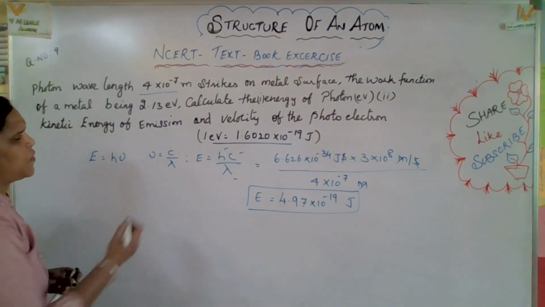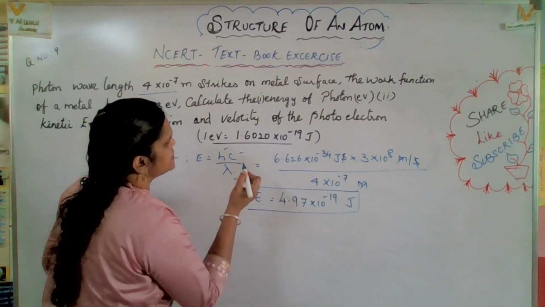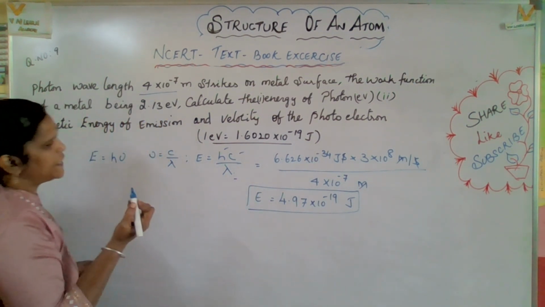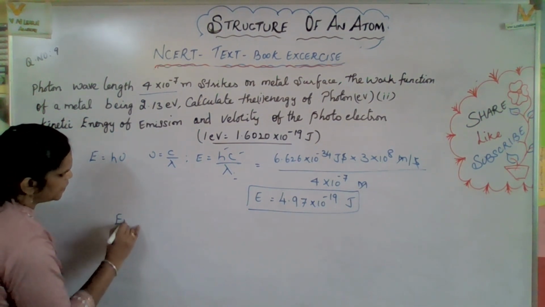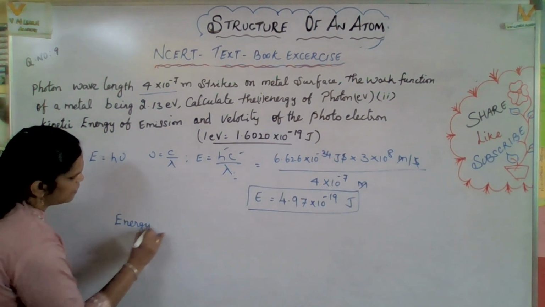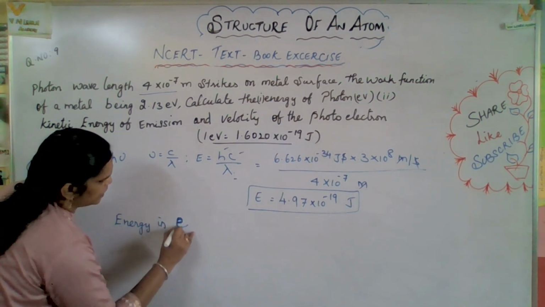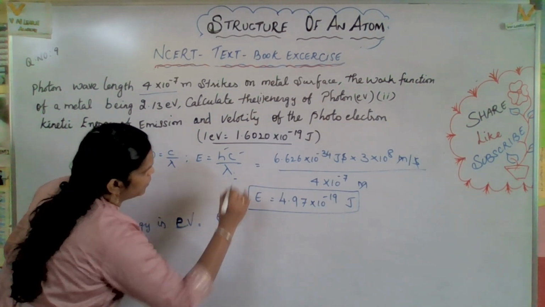Now, 1 electron volt is equal to 1.6020 into 10 to the power of minus 19 joule. So the energy in electron volt is E divided by 1 electron volt.